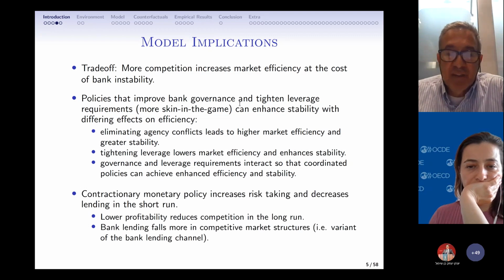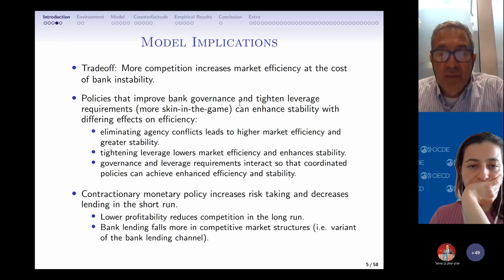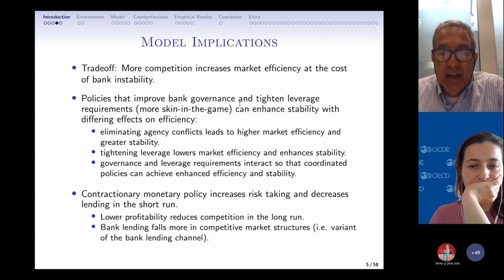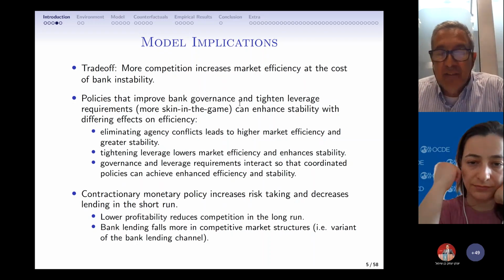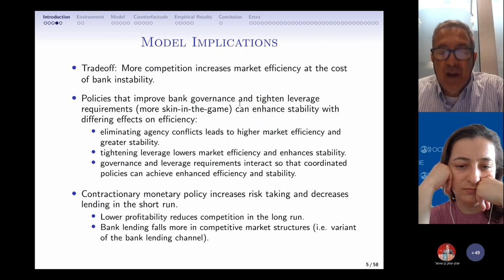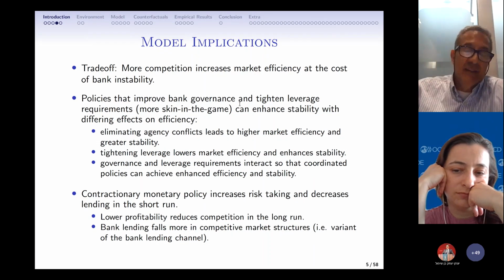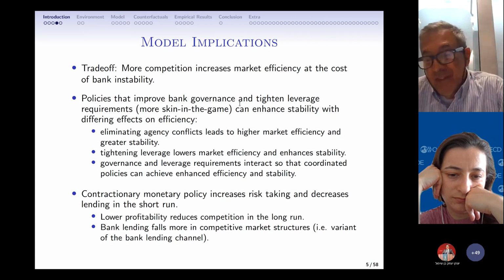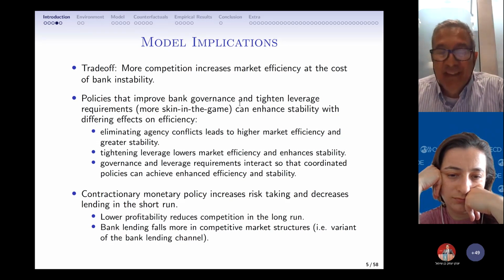And then finally, I'm going to show you how monetary policy might affect risk-taking and lending in the economy, and how the model can think about that. The intuition is that if banks have lower profitability under contractionary policy, there's going to be less incentive to enter, and less competition.